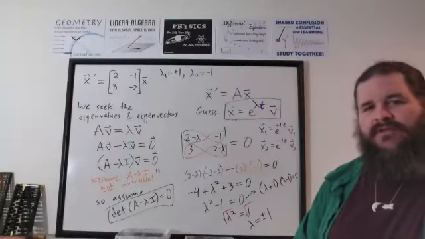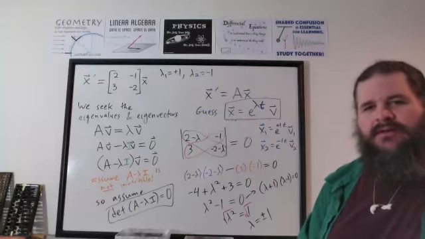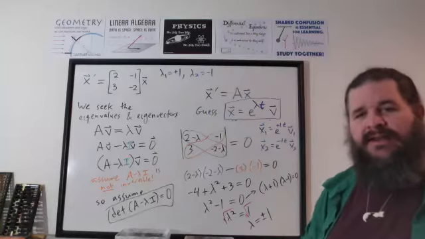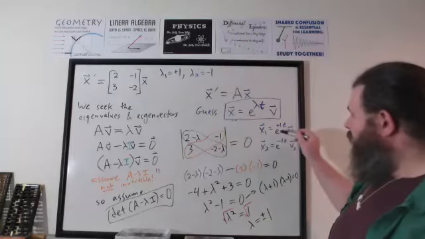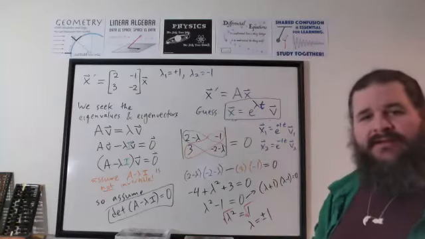What are the limits of those? We could think of this as the limit as t approaches infinity. What happens to each one of these as t approaches infinity? If we've got e to the negative t versus e to the positive t.